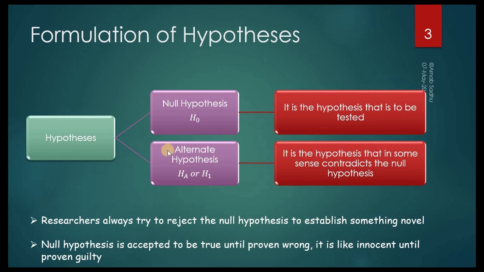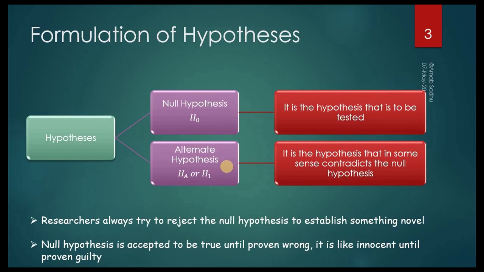Along with the null hypothesis, the other hypothesis that you need to define is the exact opposite in some sense of your null hypothesis, called the alternate hypothesis. It is denoted with HA or H1. It is the hypothesis that in some sense is contradictory to the null hypothesis that you have defined.